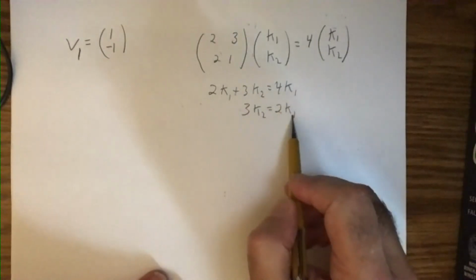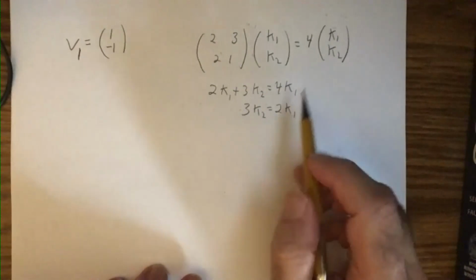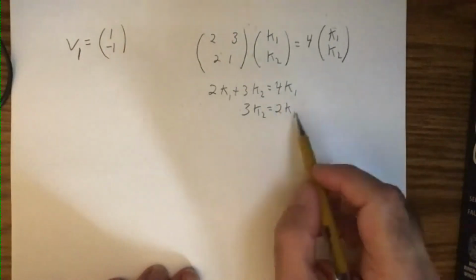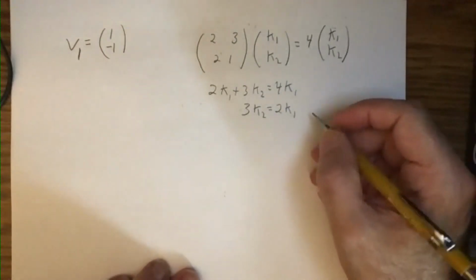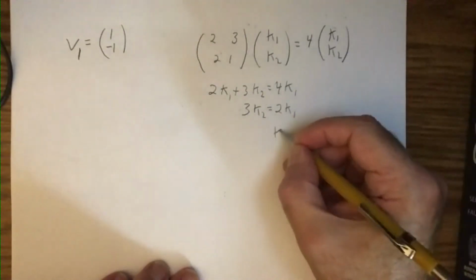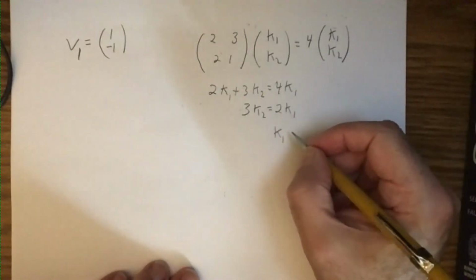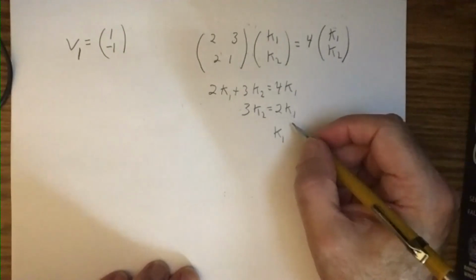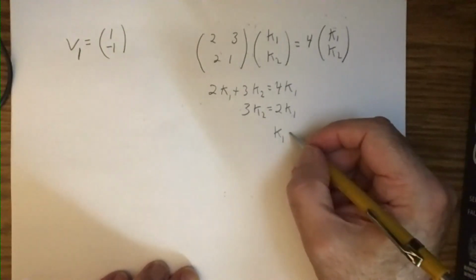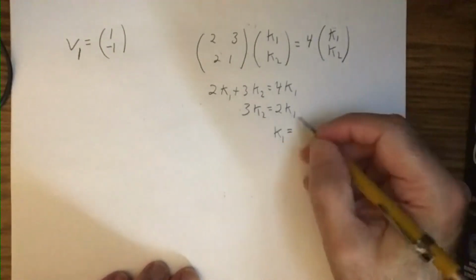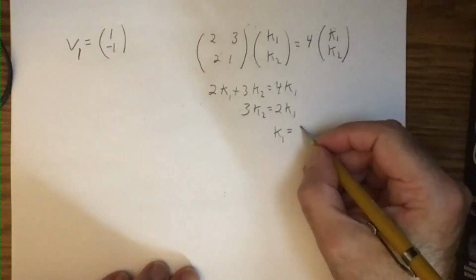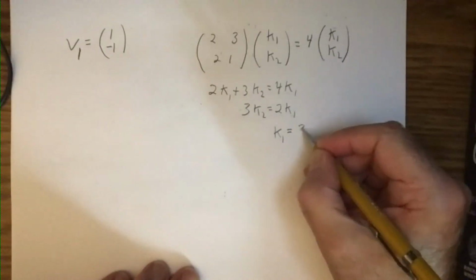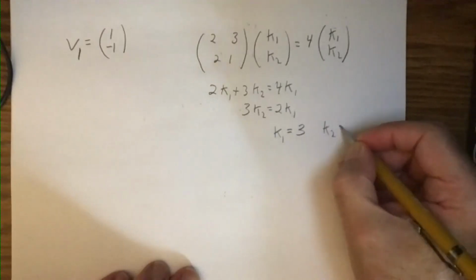Bring this over here. Now, I'll do what I did in my notes. In this case I set K1 equal to 3. If I set K1 equal to 3, then K2 is equal to 2.